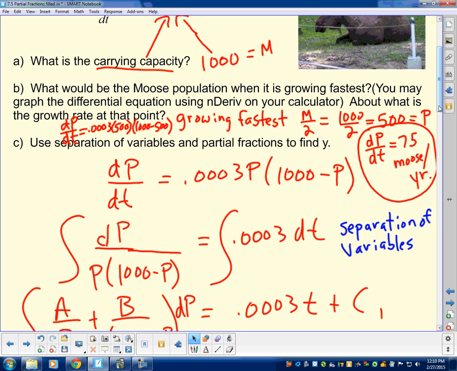Now, after you've separated variables, we have two distinct linear factors on the bottom here. We've got to use the method of partial fractions to figure out the a, and then we need to go over each of those factors.